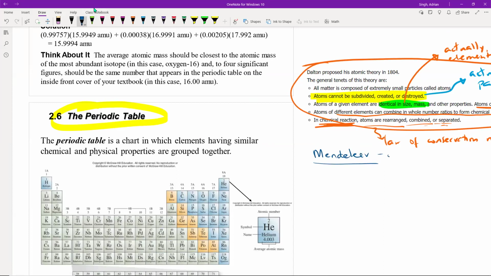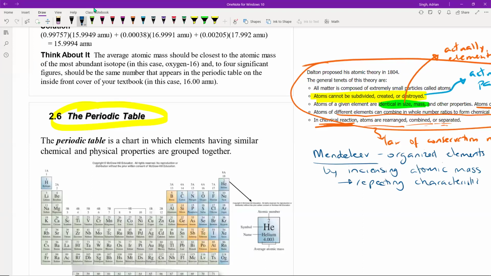Okay, and Mendeleev organized the elements in a systematic way. He organized them by increasing atomic mass. And what he found was that when he organized the elements this particular way, there were repeating characteristics, or properties of the elements.